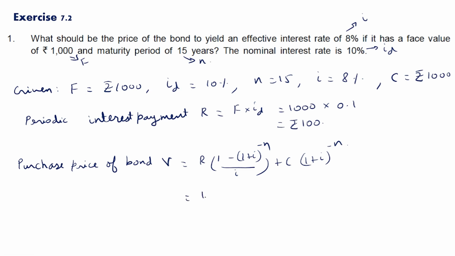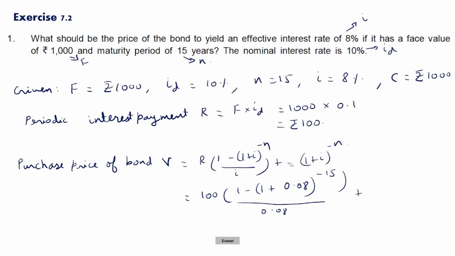So this is equal to 100 into 1 minus 1 plus, here this is the effective interest rate or it is the yield, so it is 8%. 1 plus 0.08 the whole raised to minus 15 upon 0.08, plus, here if the bond is redeemed at par, then the redemption price is equal to the face value.